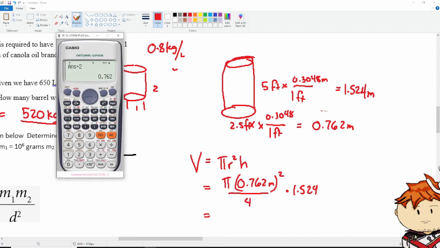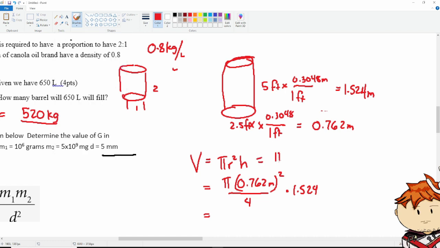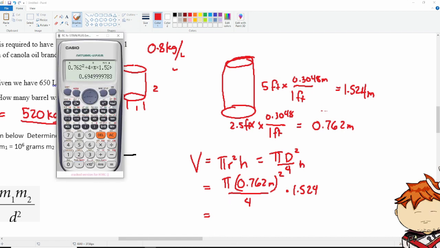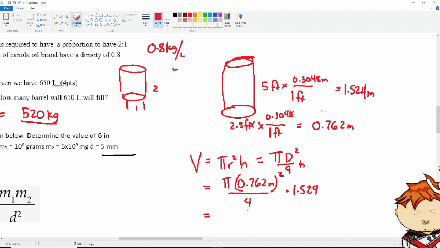So 0.762 squared divided by 4 times pi times 1.524. We divide by 4 because the formula is pi d squared over 4 times h, right? That gives 0.6950 meter cubed. That's the volume, okay?